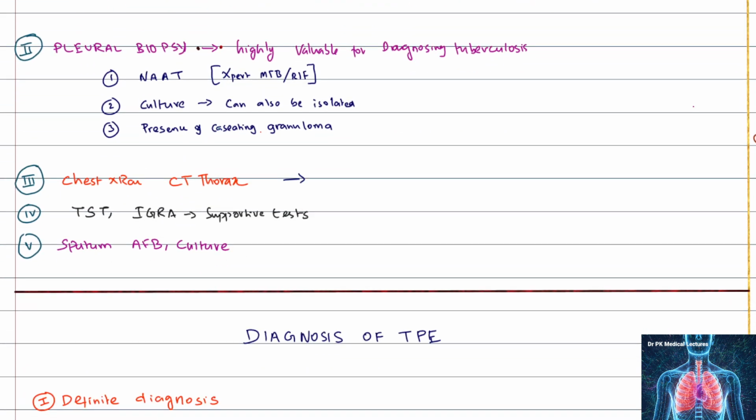Next, the most important investigation for diagnosing tuberculous pleural effusion is pleural biopsy. Pleural biopsy is highly valuable for diagnosing tuberculosis. In pleural biopsy, the bacilli can be detected by nucleic acid amplification test, which also identifies drug resistance.